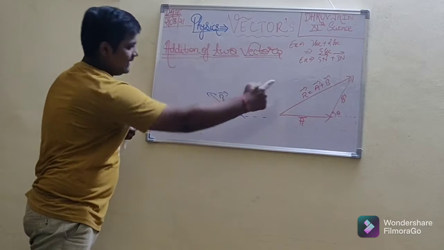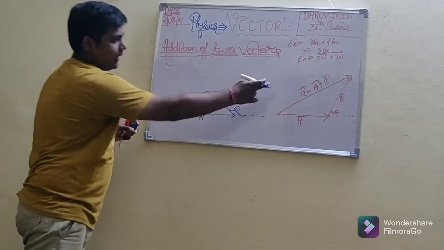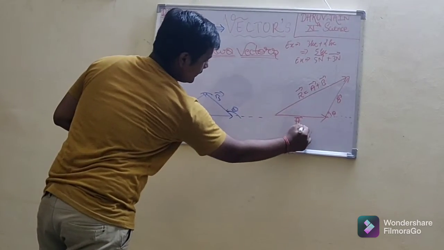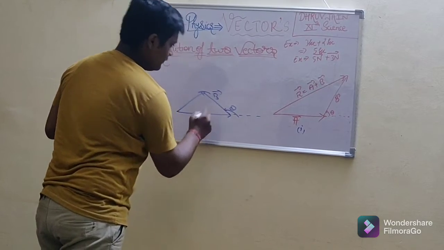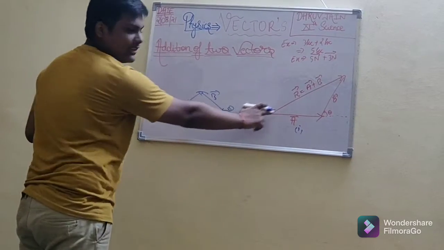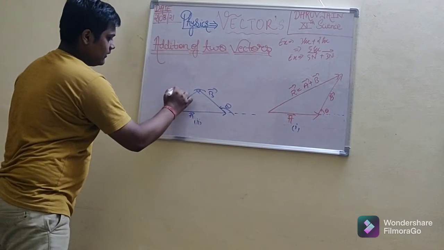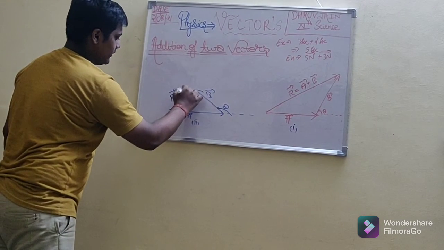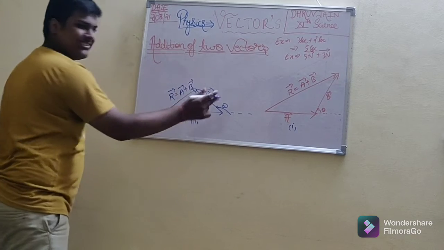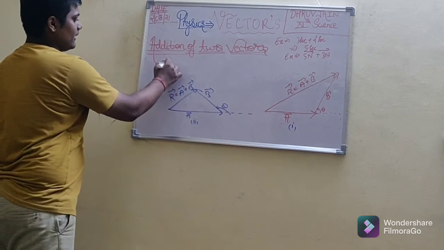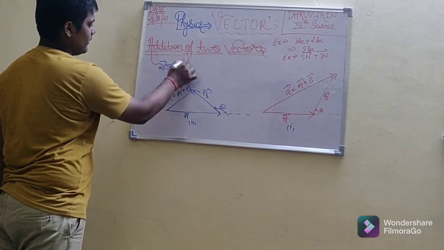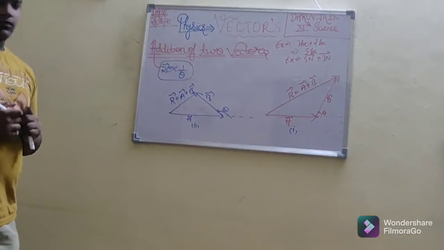Now check the first figure and the second figure. In the first, the magnitude of the resultant is bigger. In the second, the magnitude of the resultant is smaller. So we can say that the resultant is inversely proportional to theta.